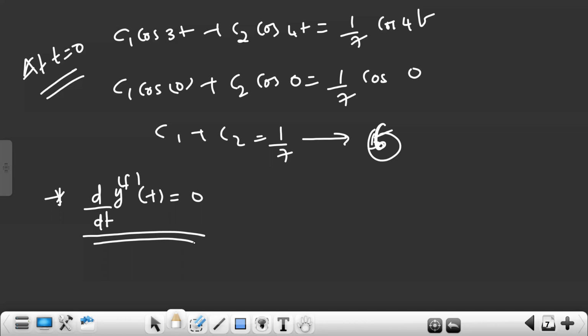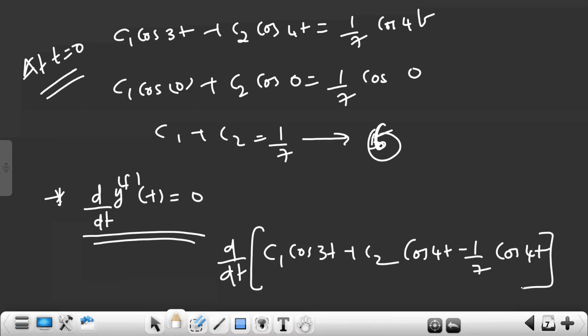So to find d by dt of yf of t, what we have to do is take the derivative of equation number 5. So d by dt of equation number 5, yf, that is C1 cos 3t plus C2 cos 4t minus 1 by 7 cos 4t.